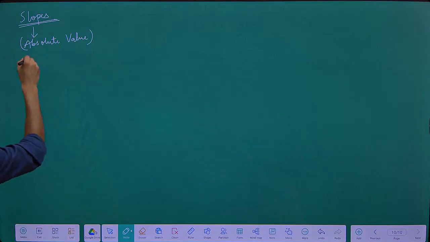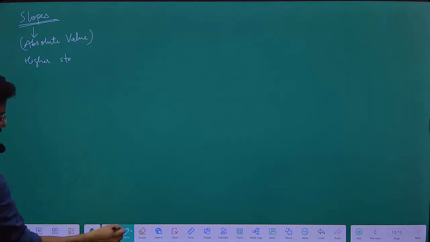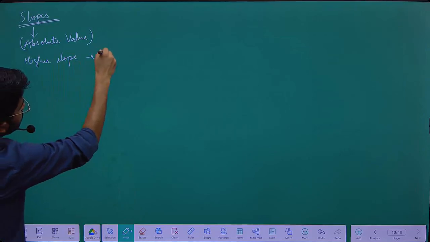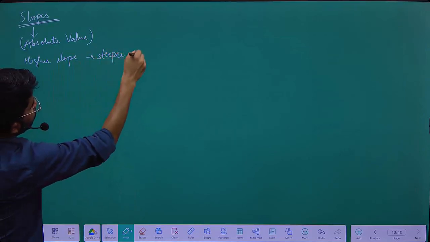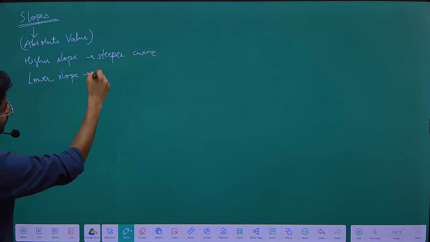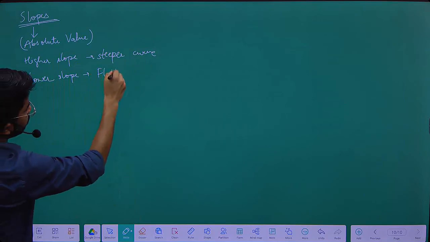Okay, so higher slope means steeper curve. Now, for the lower slope, you have what you call a flatter curve.